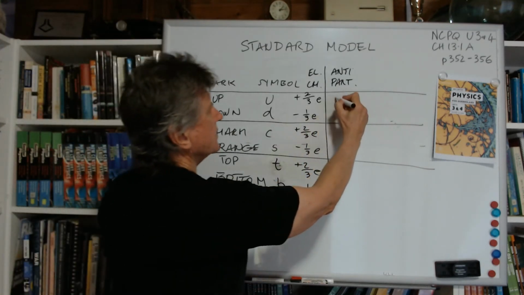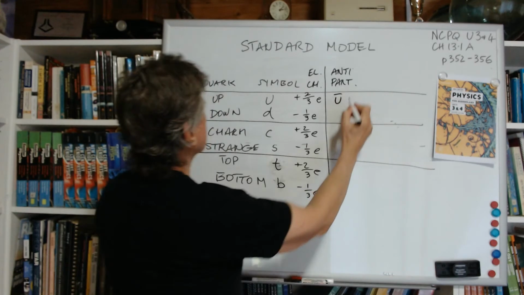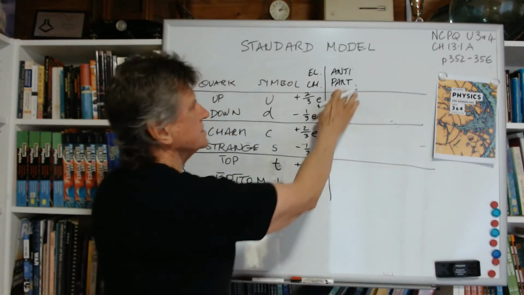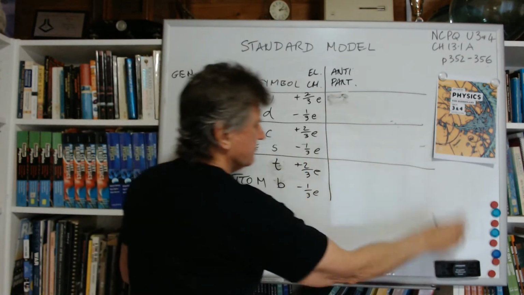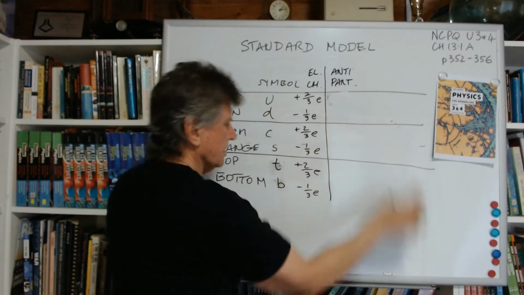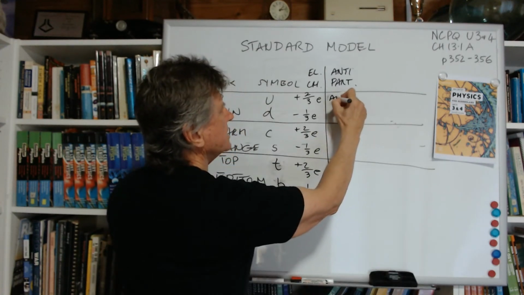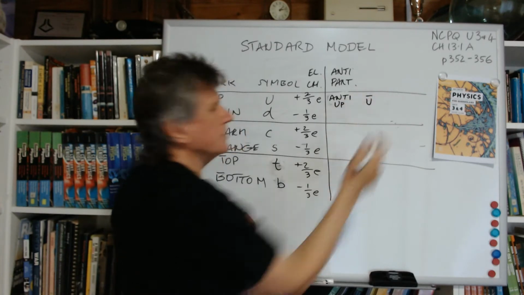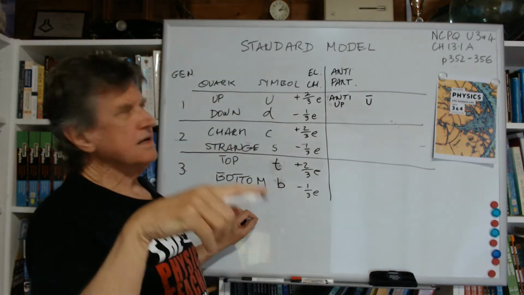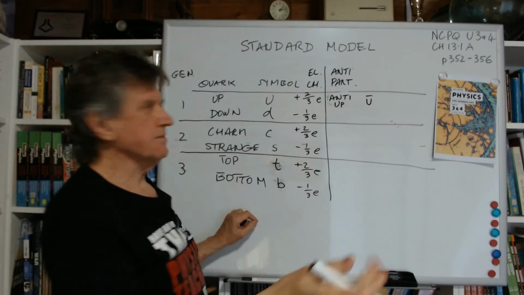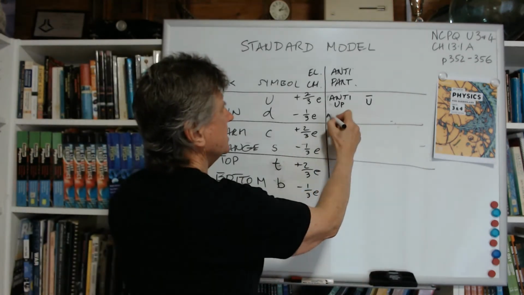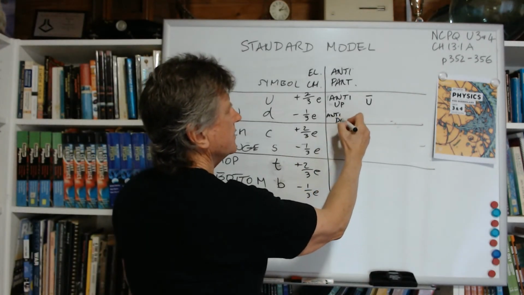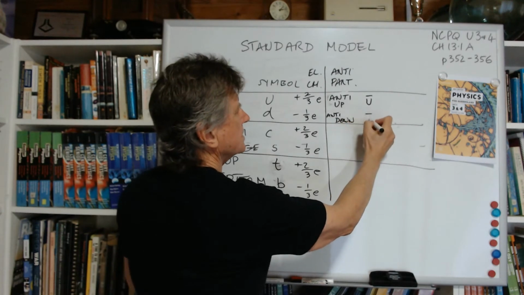Now, the anti-up. Look, I'll put the words here first so you can see them. So this will be anti-up, and it has the symbol U with a little bar on the top. The little bar above it means it's the antiparticle, and this will be an anti-down, and that's that.